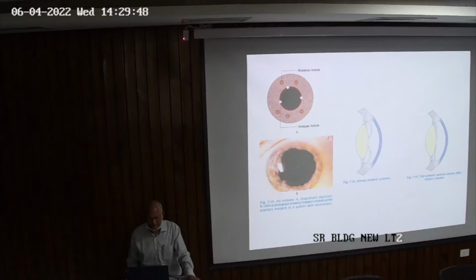This condition is called iris bombe. Here the center part is deeper and the lateral part is shallower. This happens in acute iridocyclitis when the whole of the margin is attached, or in annular synechia. This is called seclusio pupillae. What is occlusio pupillae? The whole of the pupil is occluded by an exudate. So these are the findings in the iris: nodules and this part.